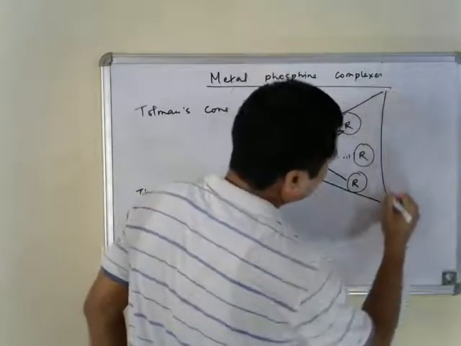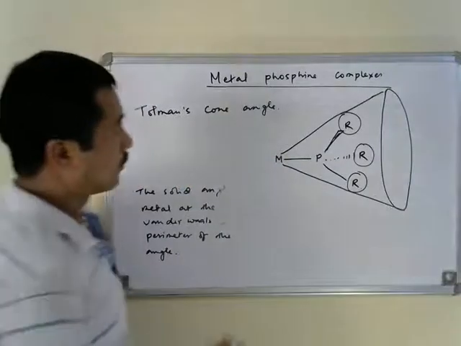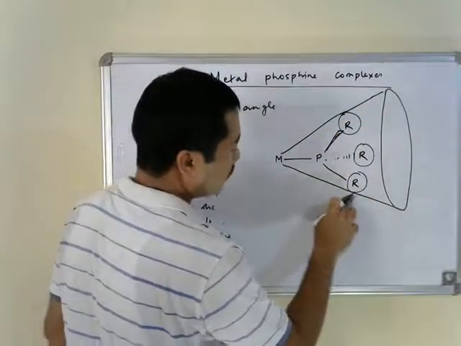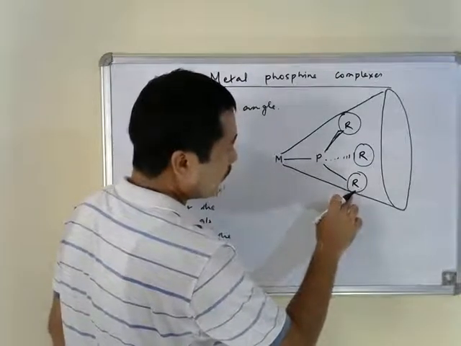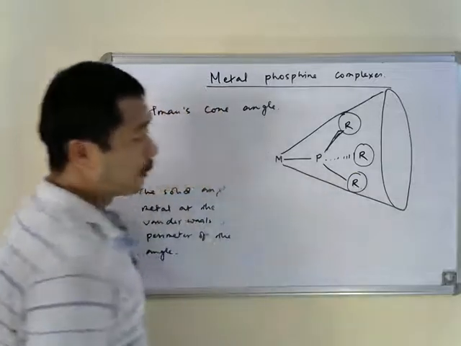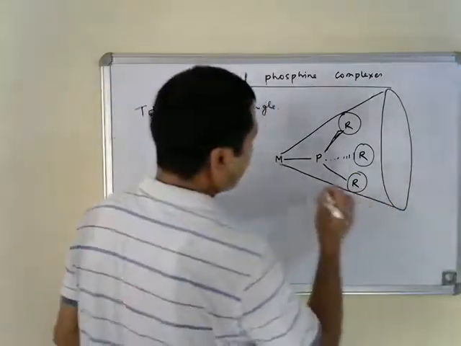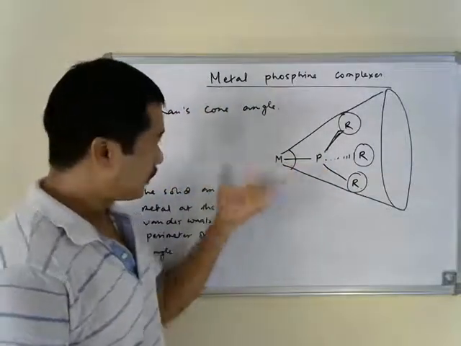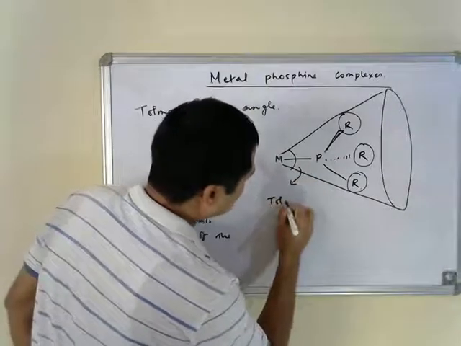So this is the cone that we generate by considering the metal at the apex, and when we consider the perimeter of the cone at the outermost edge of this van der Waals sphere of the ligand atoms in this fashion, this angle now, which is the cone angle, is known as the Tolman cone angle.